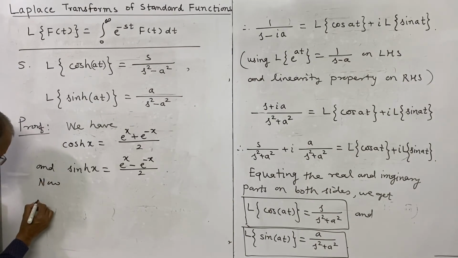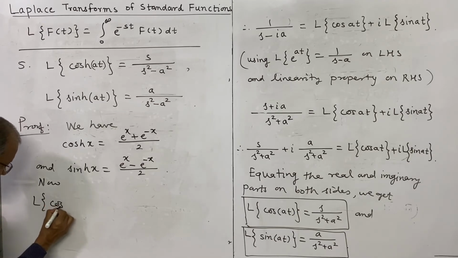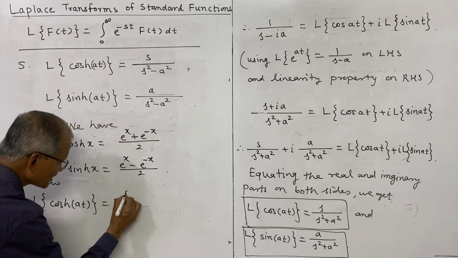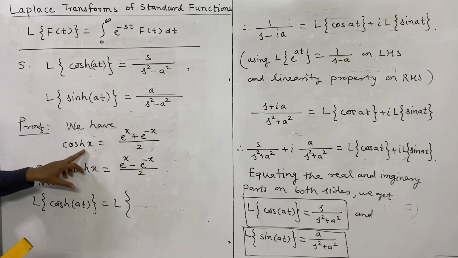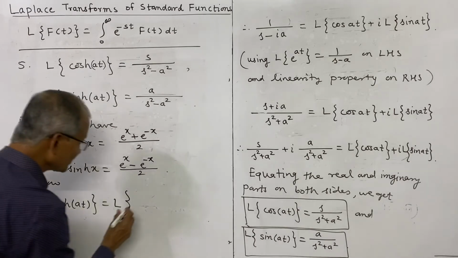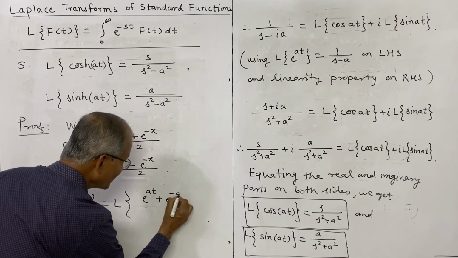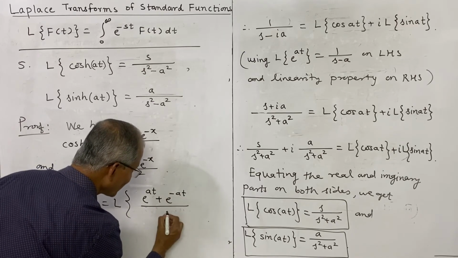Now what will be the Laplace transform of hyperbolic cos at? That will be the Laplace transform of e power at plus e power negative at divided by 2.